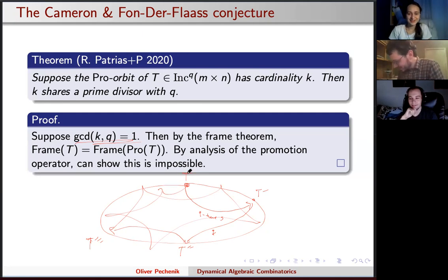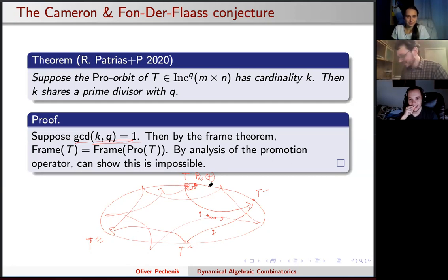And so in particular, this tableau that I started with and the very next thing, this promotion of T, also have exactly the same boundary because of this thing about cyclic groups. And so then you have this tableau whose boundary is the same as that of its promotion. And you think a little bit about how promotion works.